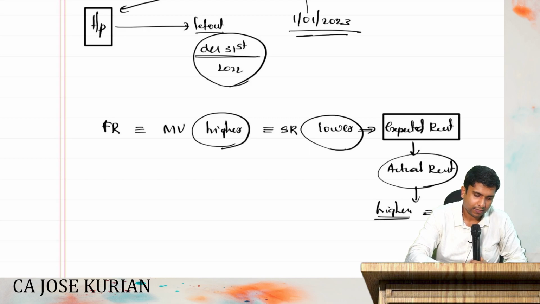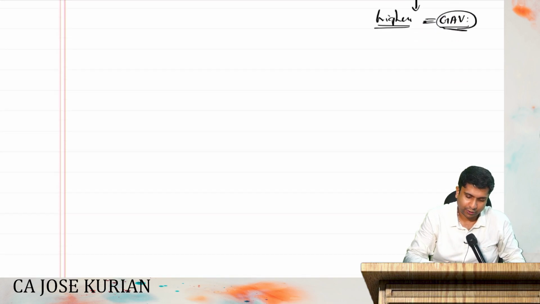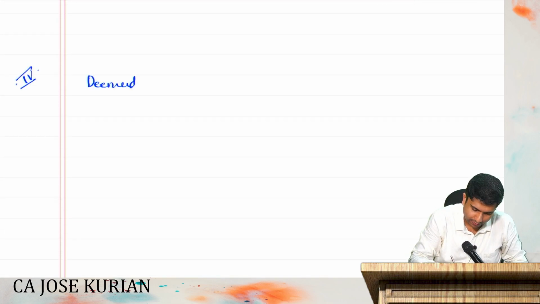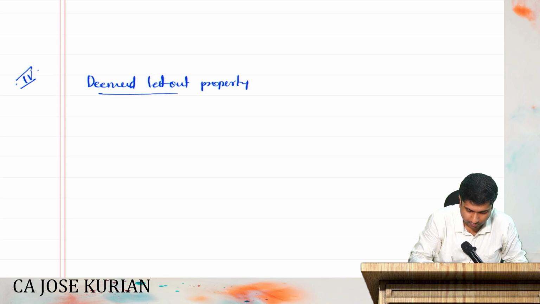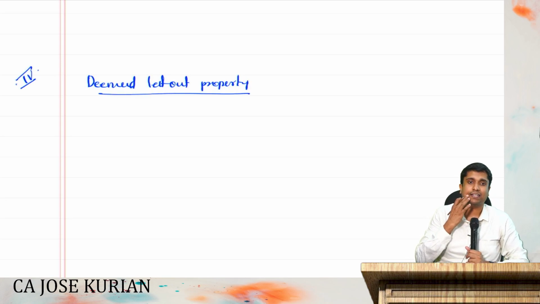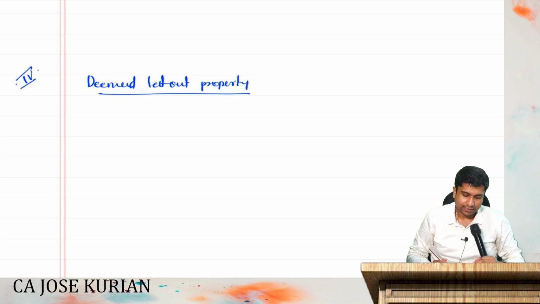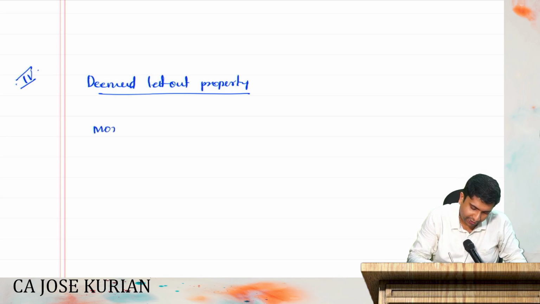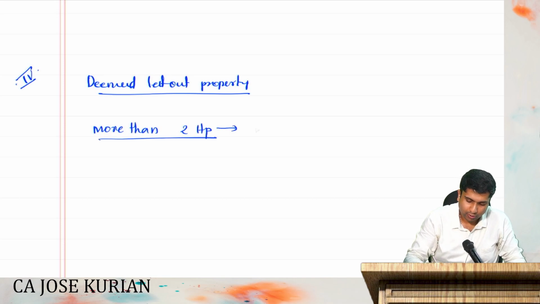Now, next property is said to be property number 4, deemed let out property. So let's understand what exactly is deemed let out property. Listen, say I have more than two house properties, and I am occupying all the properties.